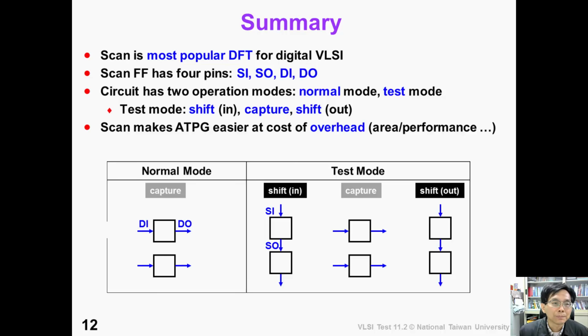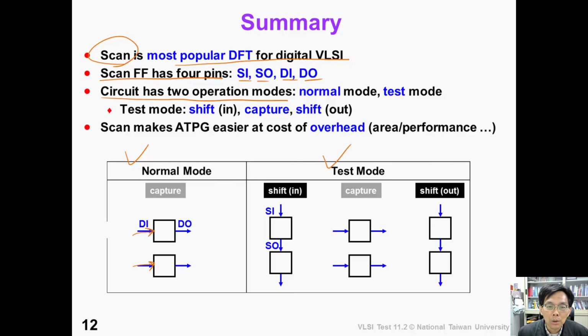In summary, scan is one of the most popular DFT techniques for digital VLSI, and a scan flip-flop has 4 important pins: scan input, scan output, data input, data output. A circuit with scan has 2 operation modes. In normal mode, scan flip-flops capture data from the logic.